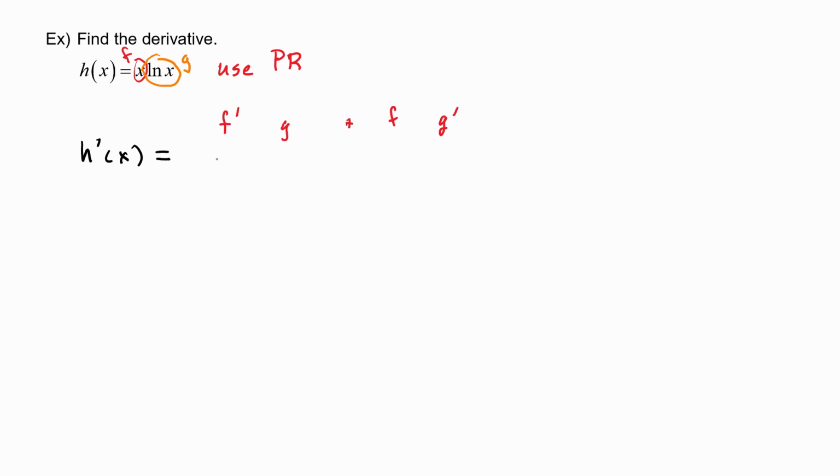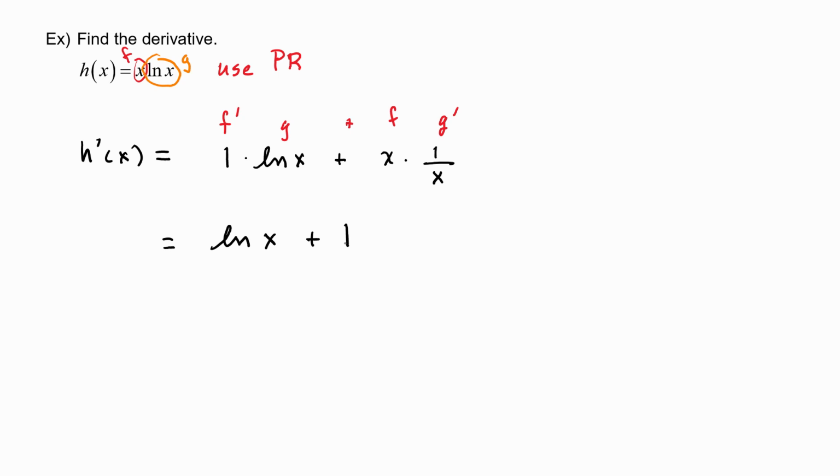So then f prime is 1, and we have to take that times g, which is the natural log of x, plus f, which is x, times g prime, and remember the derivative of natural log of x is 1 over x, that's u prime over u. Simplifying, we have the natural log of x plus 1, and this is a correct answer.